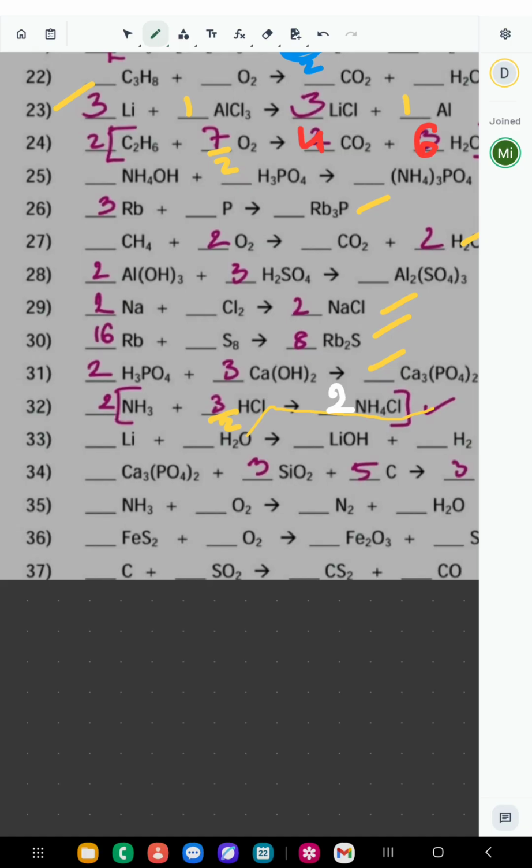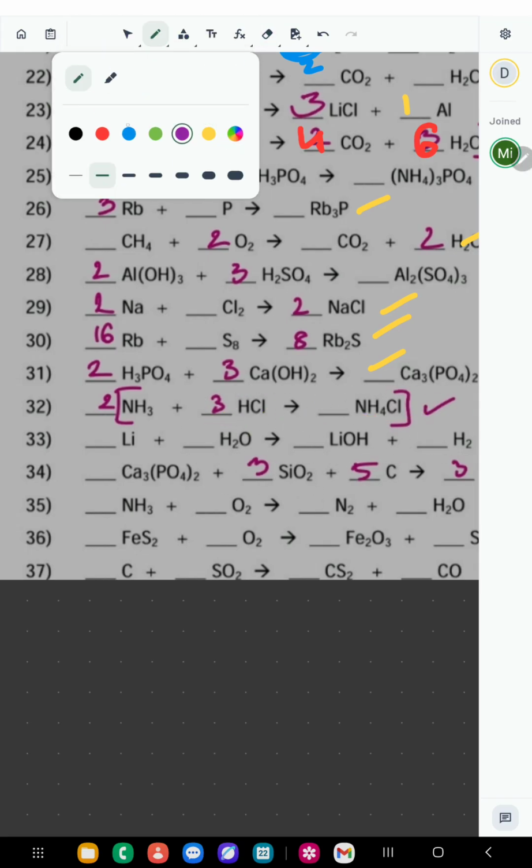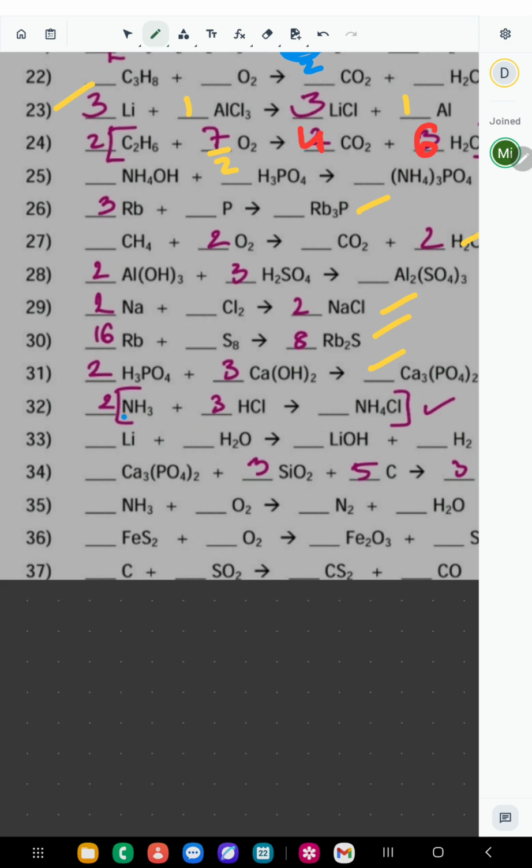And this is already balanced. Nitrogen, hydrogen 4. You don't need to write anything. Take note. You have 1 nitrogen, so you have 1 nitrogen here. You already have 4 hydrogens, and you only need 4. It's already balanced.